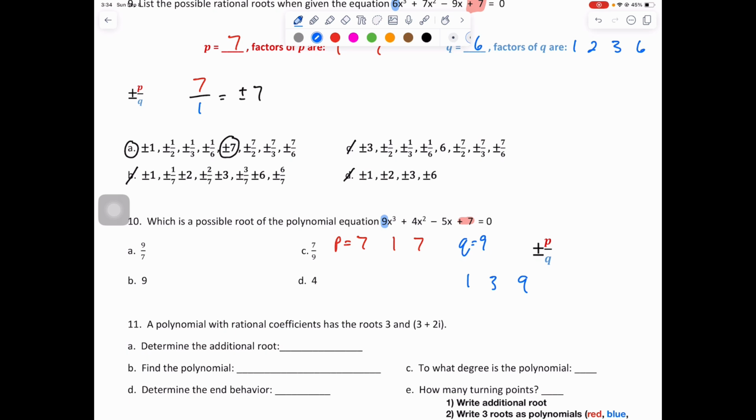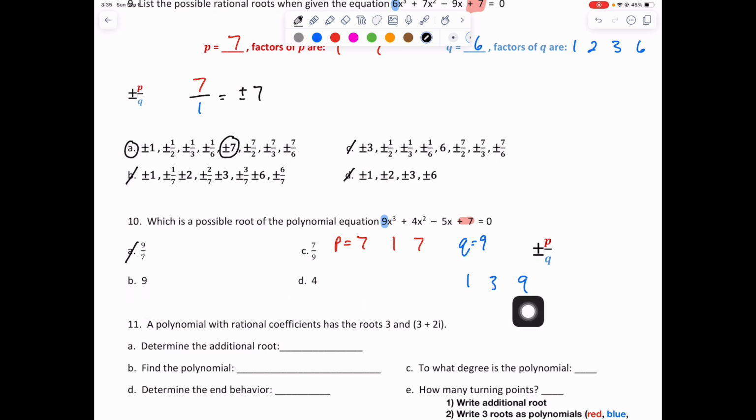And then from here, let's take a look at our answer choices. 9 over 7. Well, I can't do 9 over 7 because it's red over blue. So 9 over 7 is actually blue over red. So our first answer choice is definitely not correct. Let's take a look at B, which is giving us 9.